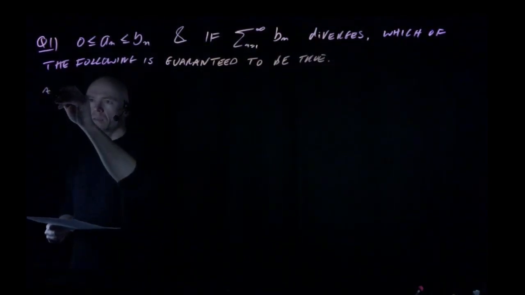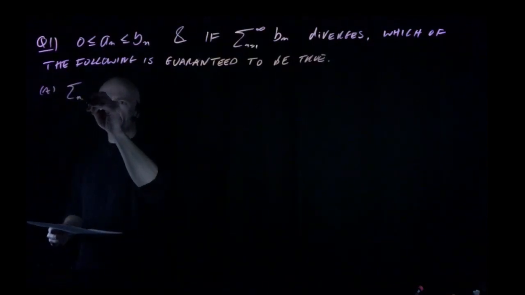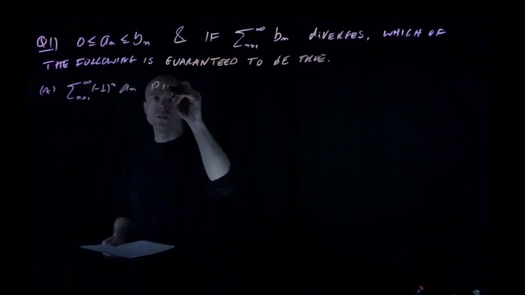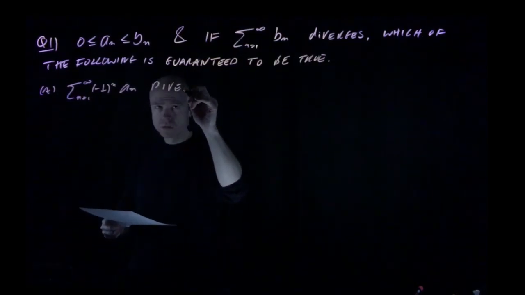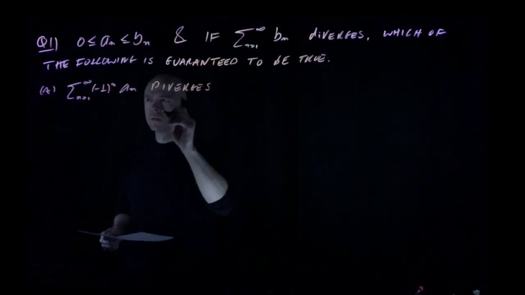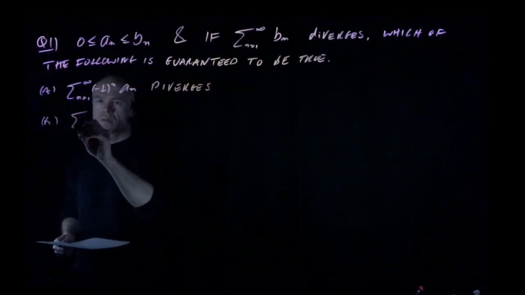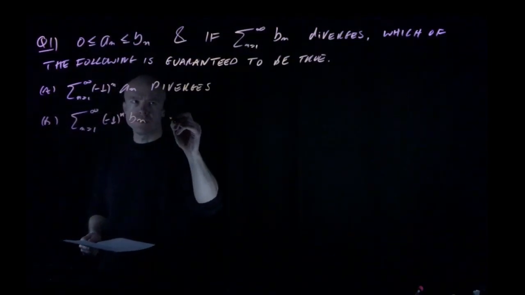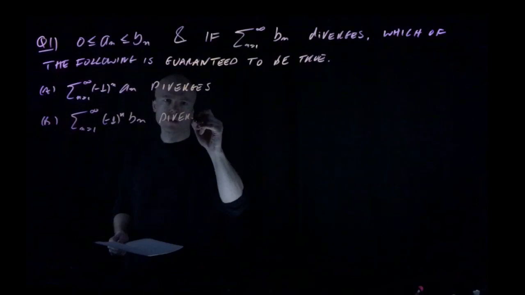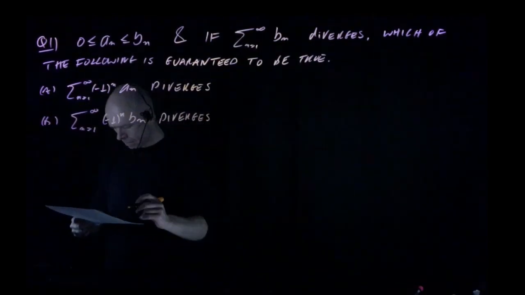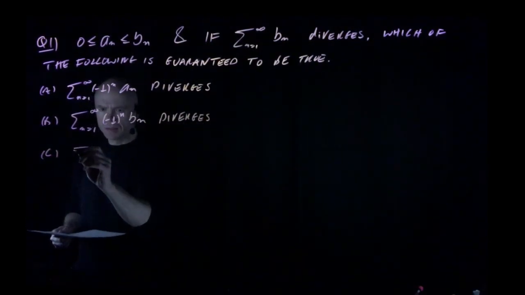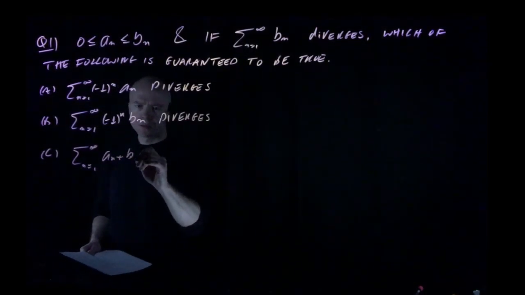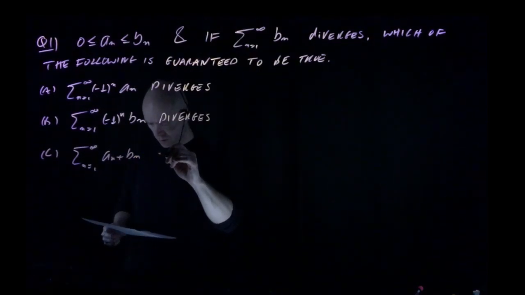Okay, so the first statement is that the sum from n equals 1 to infinity of (-1)^n an diverges. The second statement is that the sum from n equals 1 to infinity of (-1)^n bn diverges. The third statement is that the sum from n equals 1 to infinity of an plus bn diverges.